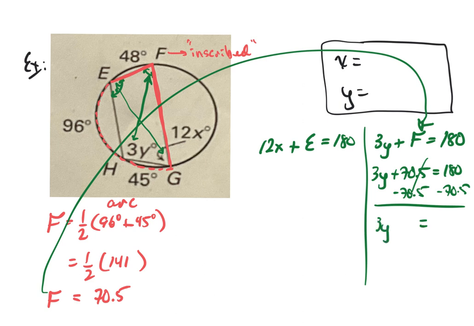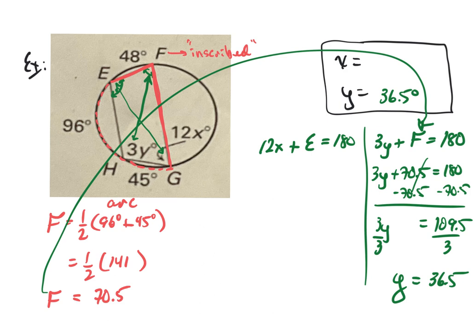And I'm going to double check myself on my calculator to make sure I don't mess that up. So that's 109.5. And to get rid of times 3, divide. And what we get is 36.5. So y would be 36.5 degrees.